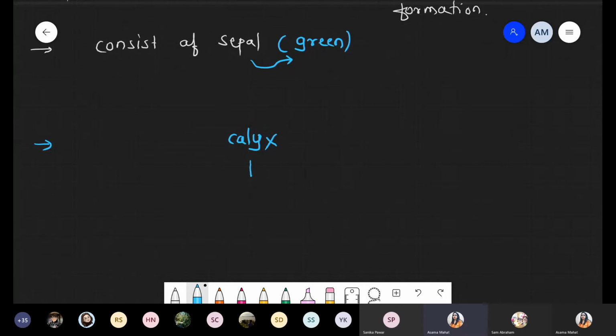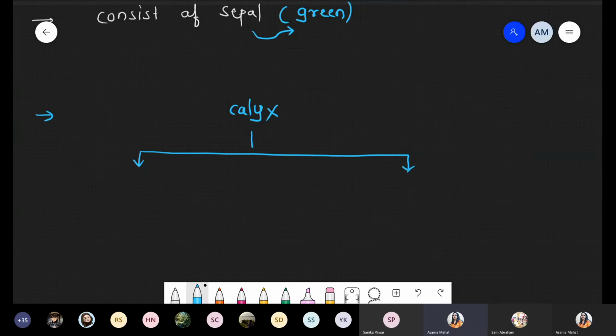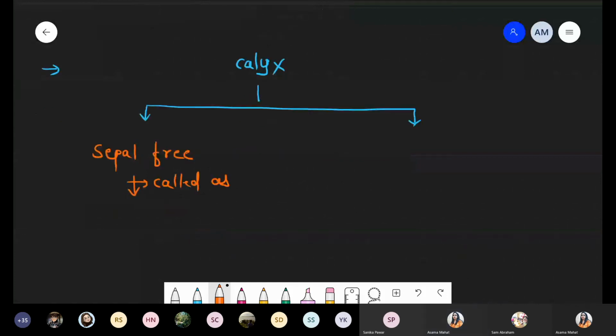Next point, types of calyx based on their position. If the calyx or the sepals are free, such a condition is called polysepalous.